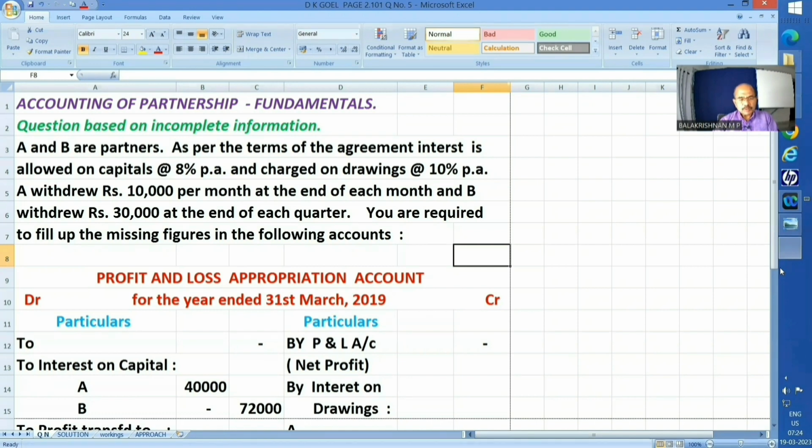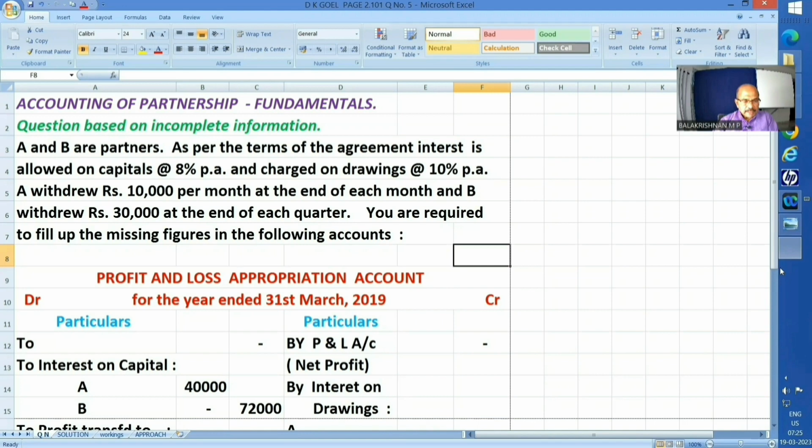This kind of question only really tests your knowledge about a particular chapter, whether you can apply your mind on the chapter. Having mugged up will not help you to solve this kind of a sum.